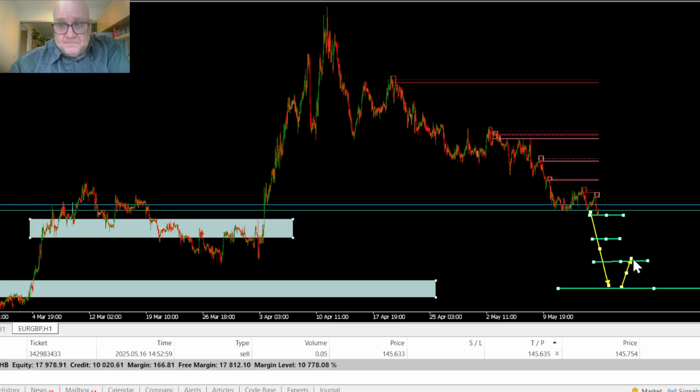Then if it keeps going against you, which it does sometimes, you put another trade in, but this time you double the amount, so it has less distance to travel back. And if it keeps going down, you put another one in, another buy or sell. You just keep doing that until it bounces back the way you want it to.